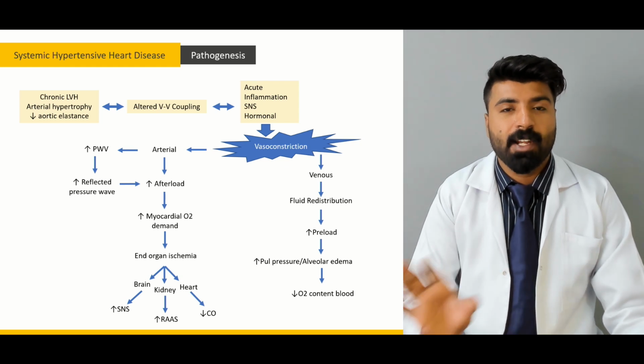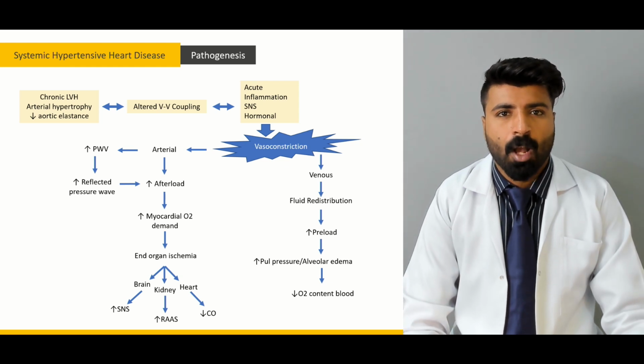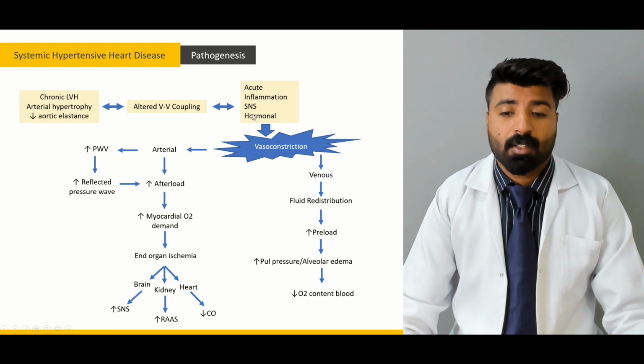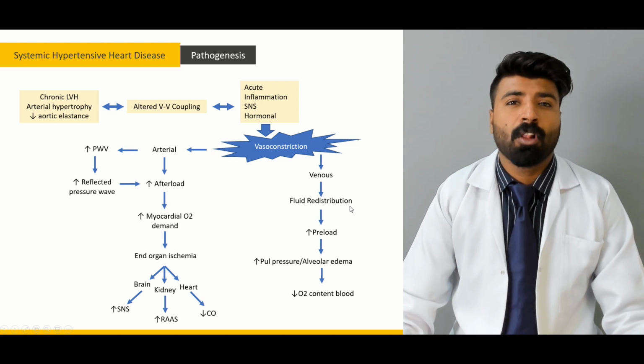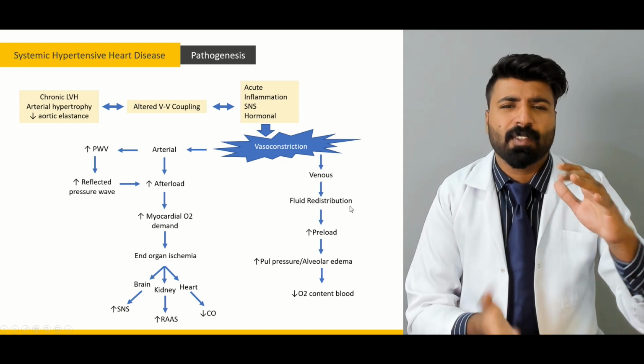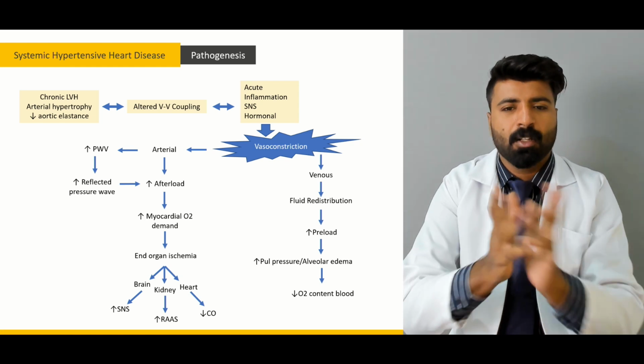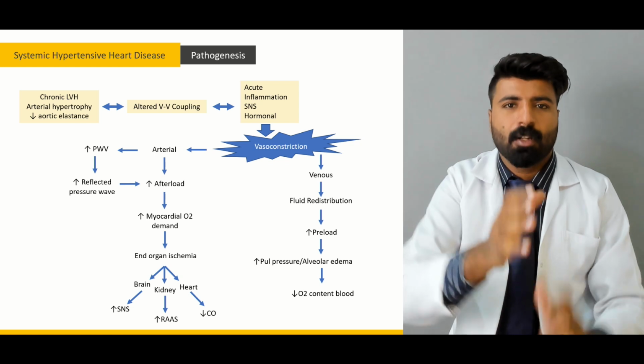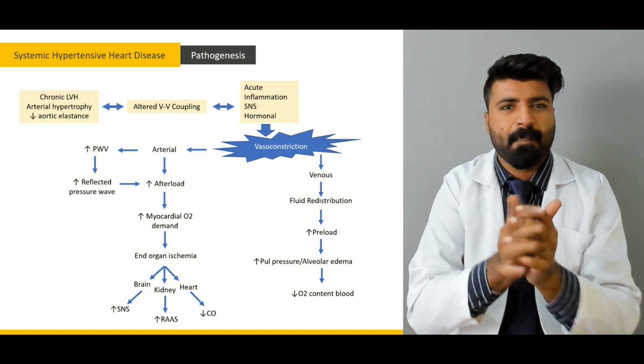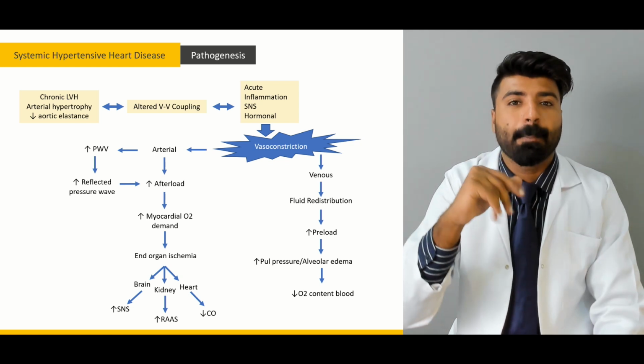They don't have anything to do with blood pressure. But when constriction happens, fluid redistribution will happen. All the fluid that was pooling inside those vessels, when venous contraction happened, the blood is going to go up.